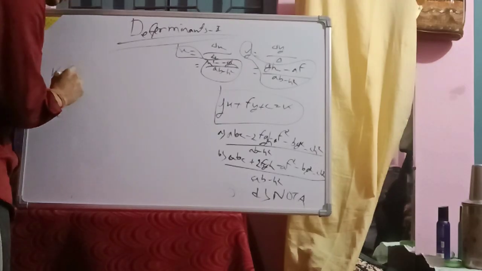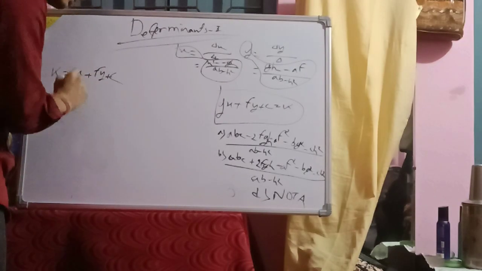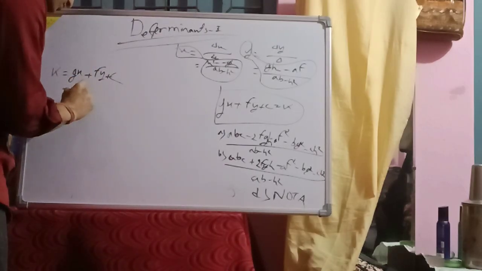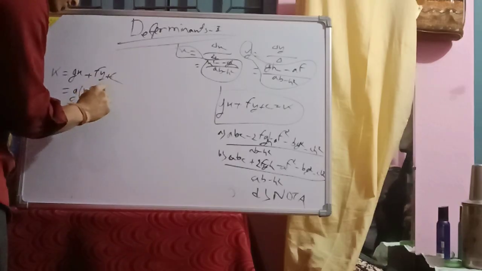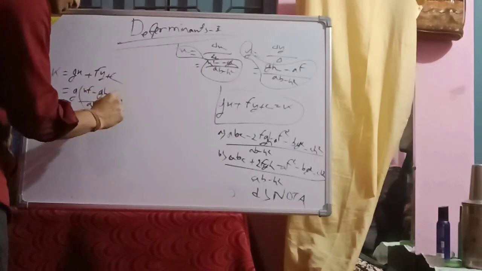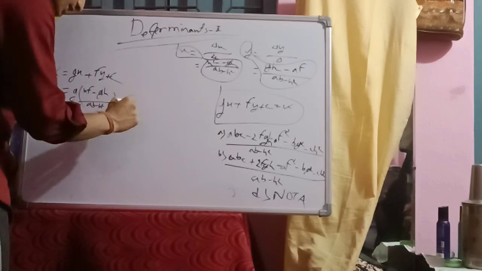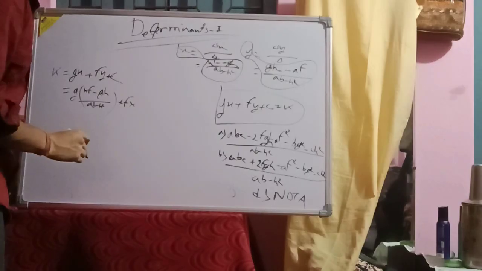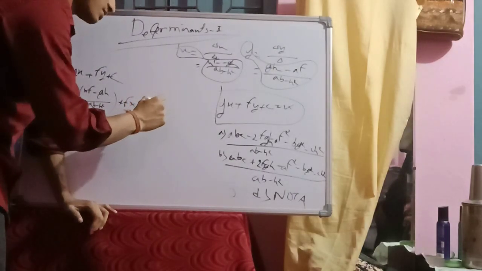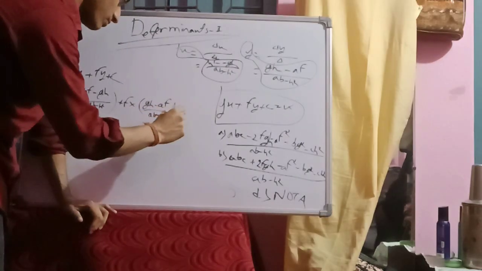This equation says k is gx plus fy plus c, or g times the value of x, that is hf minus gh over ab minus h square, plus f times the value of y, that is gh minus af over ab minus h square, plus c.